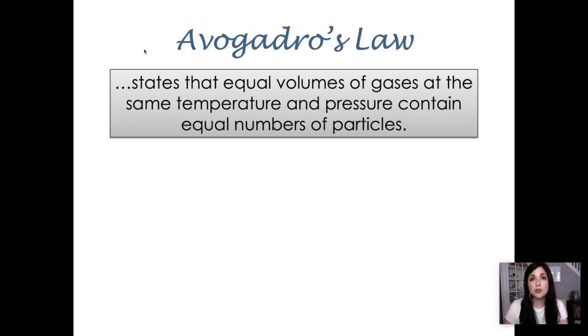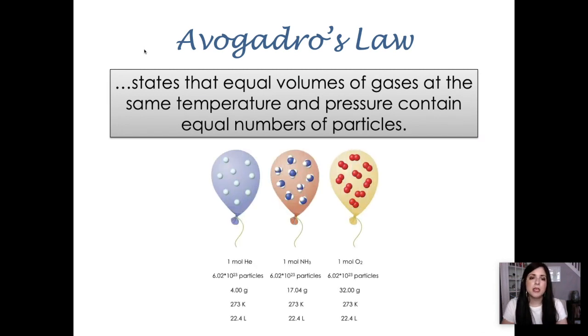So if I have two totally different gases that are at the same temperature and pressure conditions, those gases contain the same number of particles. Doesn't matter what gas they are, it doesn't matter what the molar mass is, but they take up the same volume.